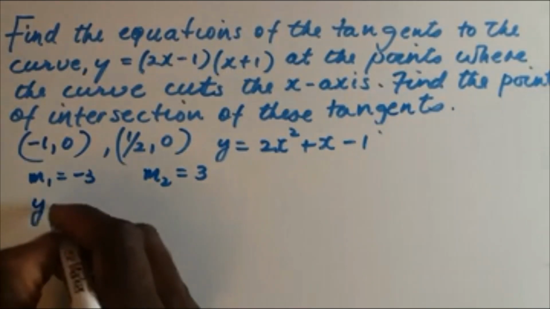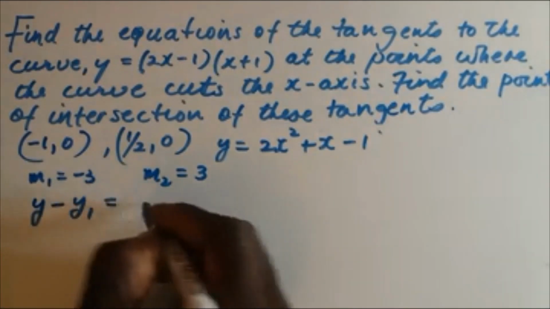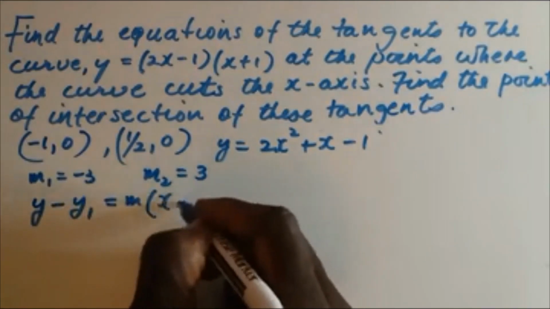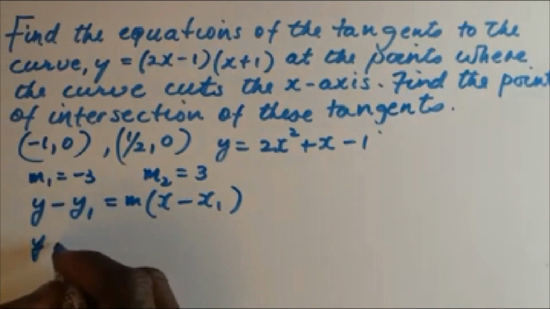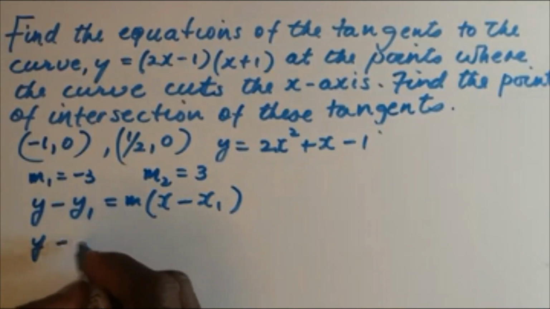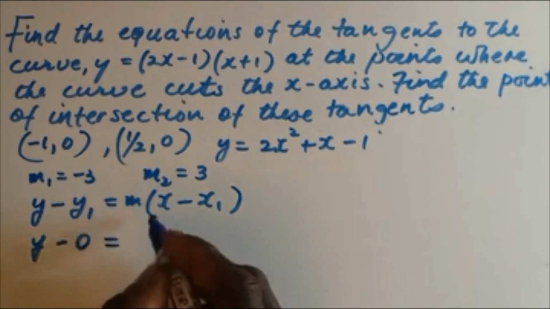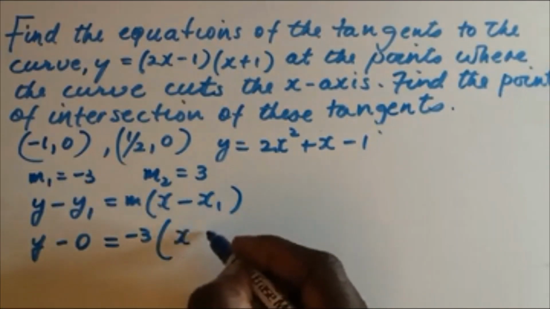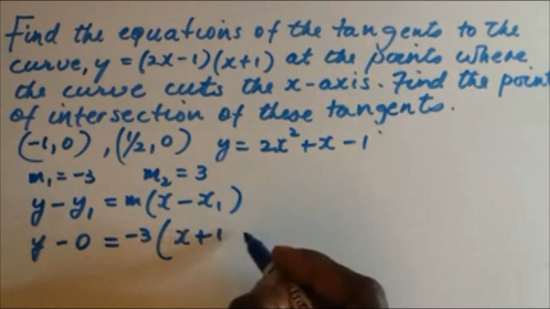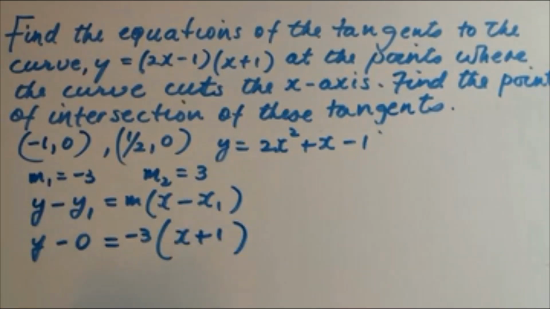We use the formula y minus y1 equals m into x minus x1. We have y minus 0 is equal to m, negative 3, into x add 1. And this gives us y is equal to minus 3x minus 3.